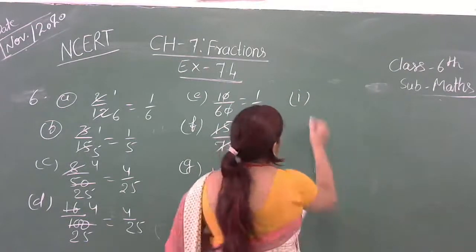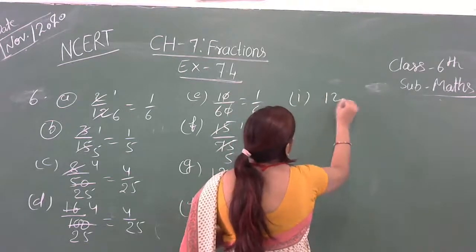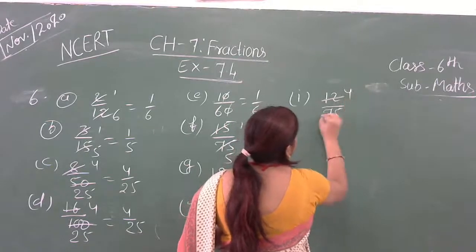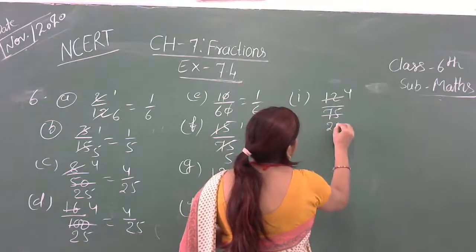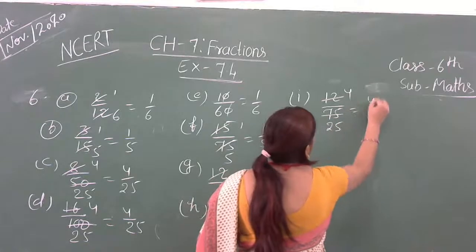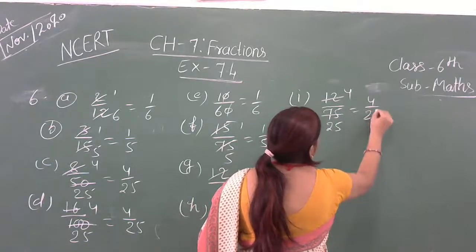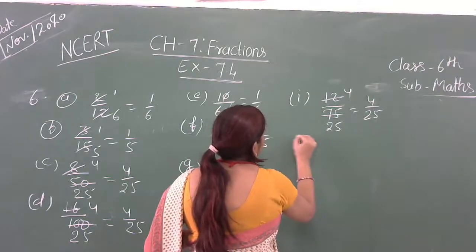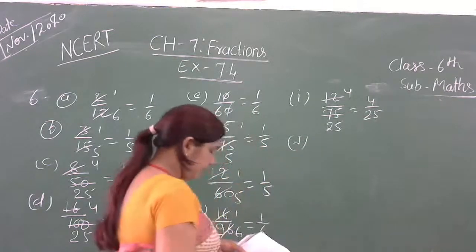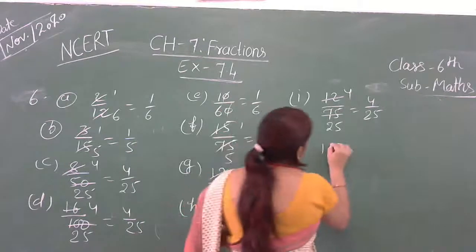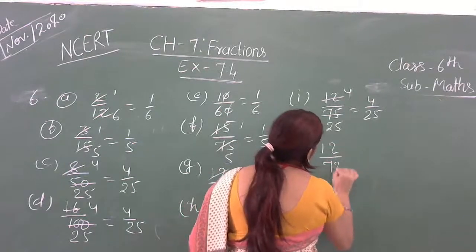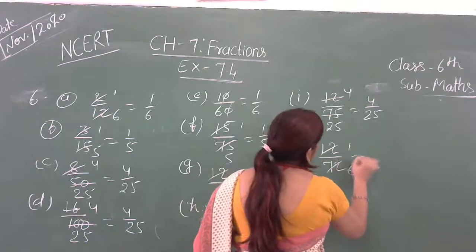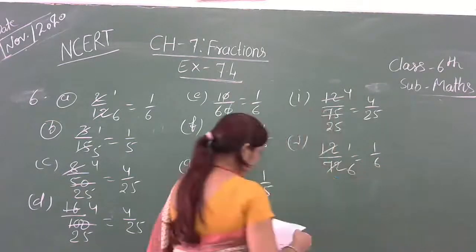Now I: 12 upon 75. 3 4s are 12, 3 2s are 6, 3 5s are 15. So the answer will be 4 upon 25. J part, 12 upon 72, 6 times, you will get 1 upon 6.